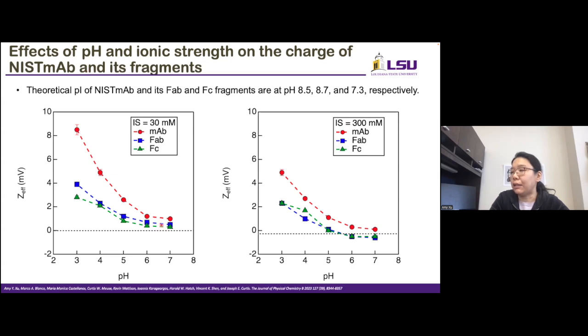So as the pH goes away from the isoelectric point, the protein gets more charged. So that's what we have measured for zeta potential, and we can always refer back to the charge carried by the full mAb and its fragments later on when we try to explain other results.